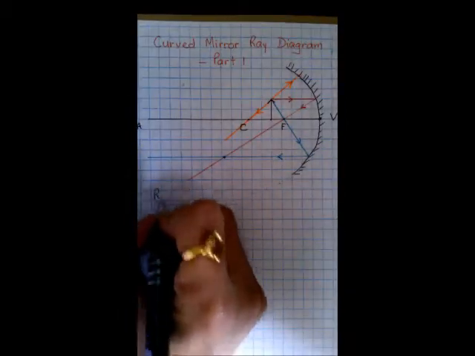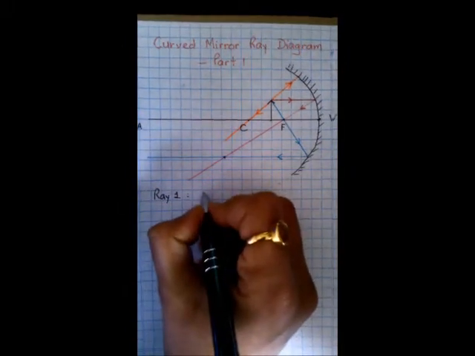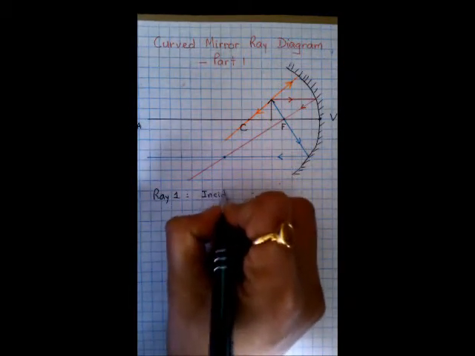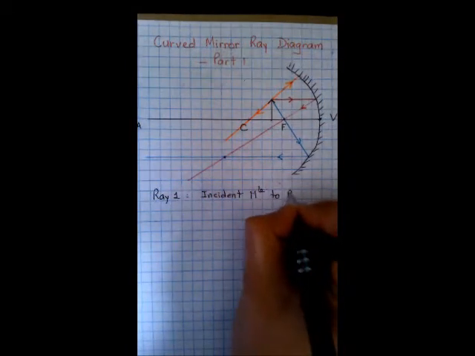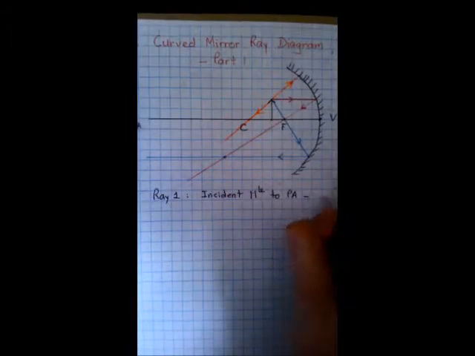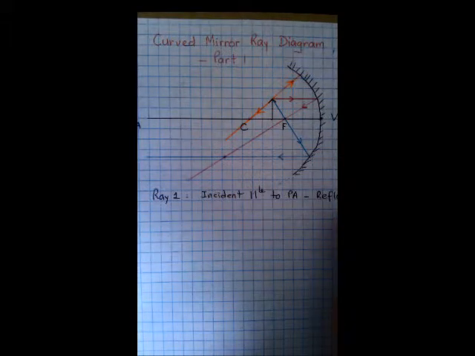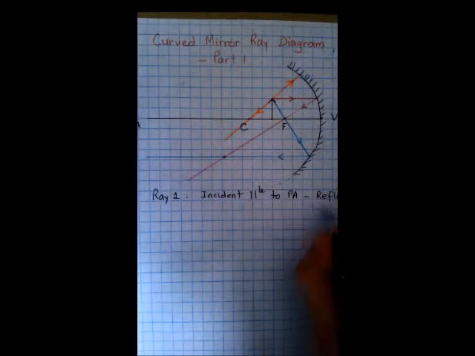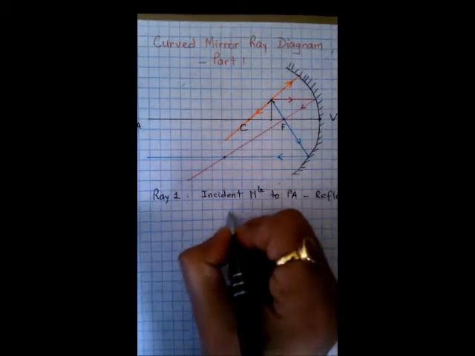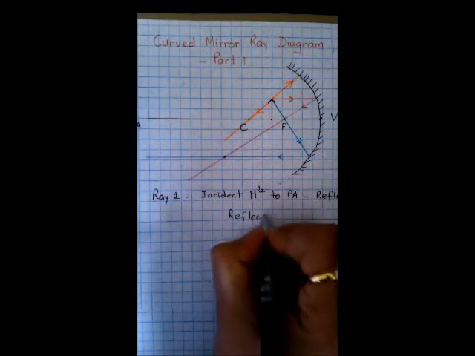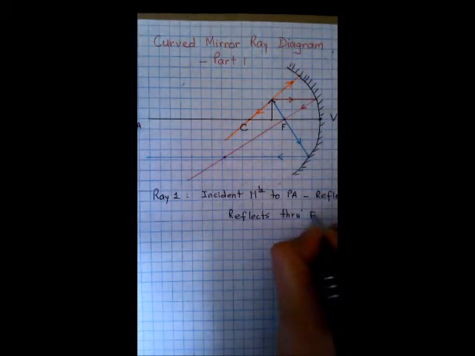Okay, so just a little note here. Ray 1, special ray 1. The incident ray parallel to principal axis reflects through the focal point.